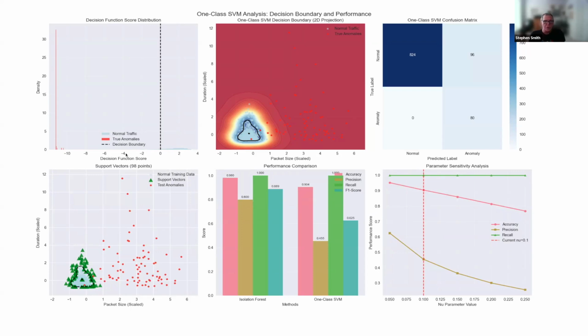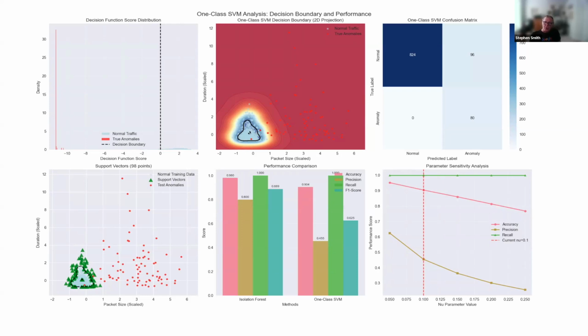Okay, so this next one looks pretty cool. This is a 2D decision boundary visualization, the actual decision boundary in feature space. You'll notice it looks a lot like the support vectors, right? That's where that decision boundary, the black line around that blob, gets drawn. It shows you what's in and what's out.